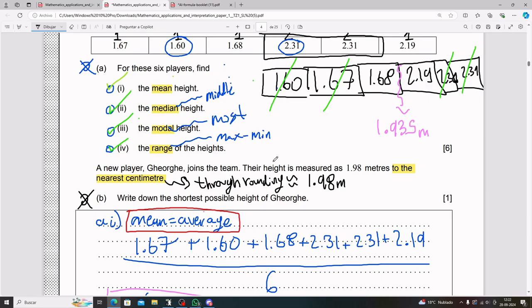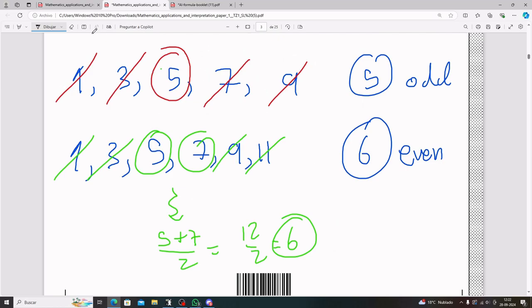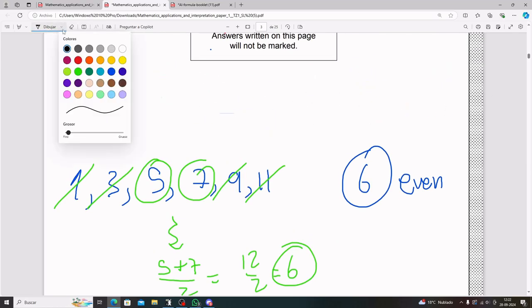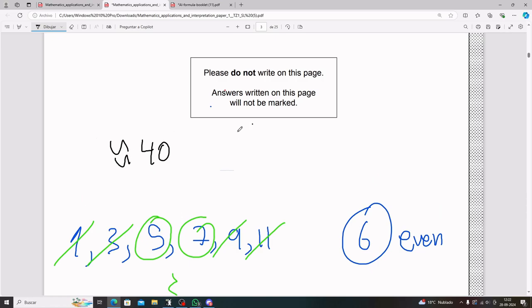And so, maybe let's do a different example before we do the 1.98. If I tell you that through rounding I reached, for example, the number 40, that means I could have had as a highest value 44 that ended up as 40, or I could have had 35 which ended up as 40.